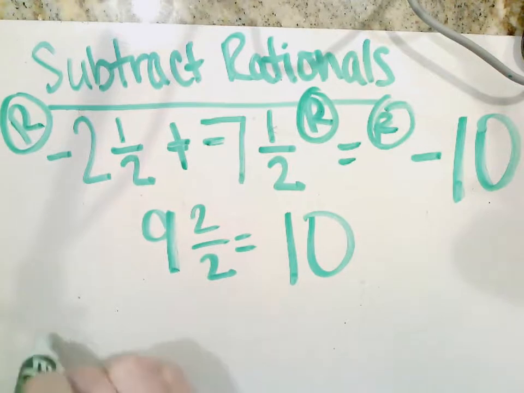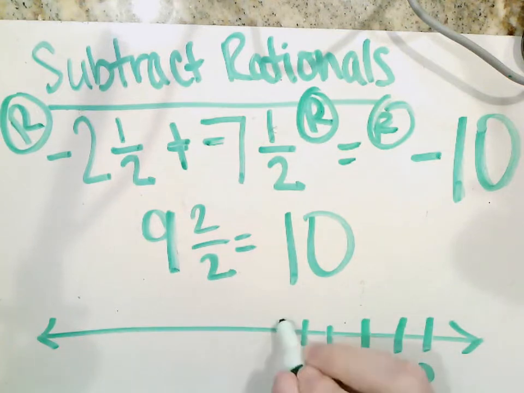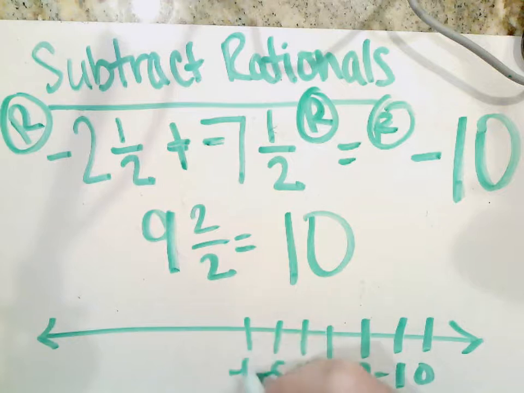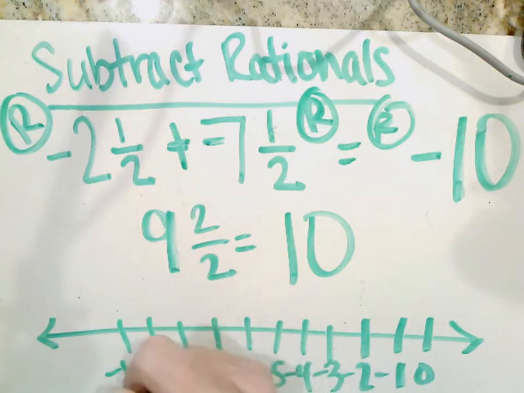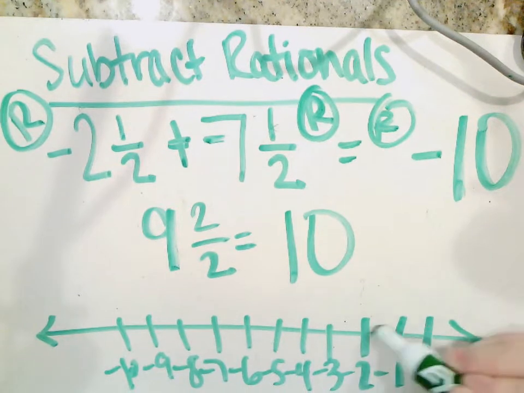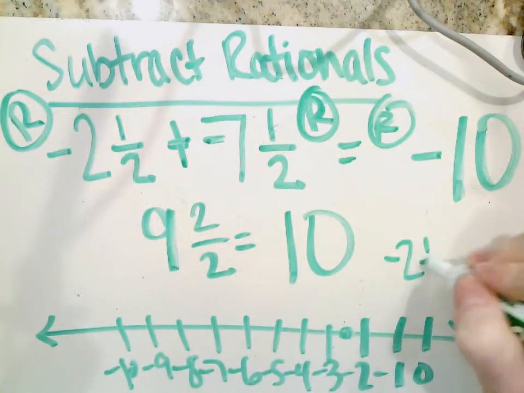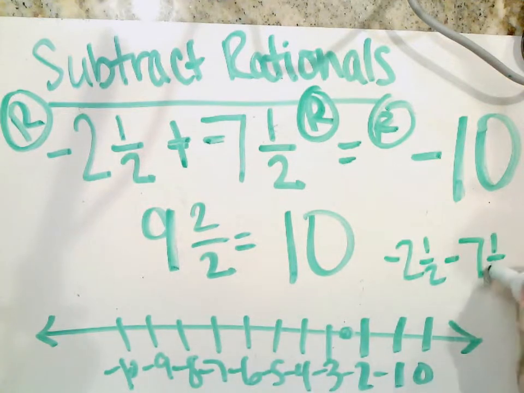If you're a number line person, that's fine as well. Let me draw this out real quick. So we're starting at negative 2.5, and the original problem was negative 2.5 minus 7.5.